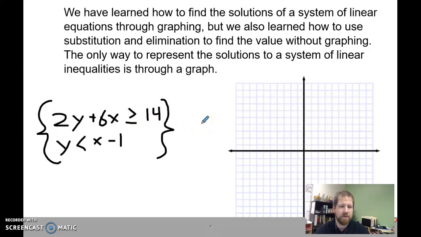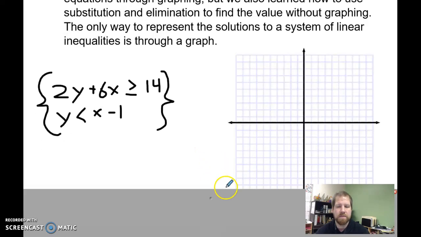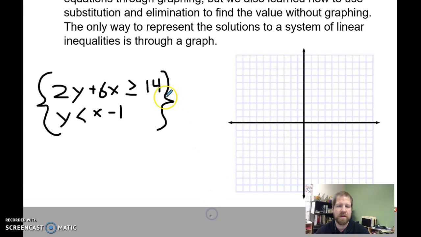That's the only way we can represent the solutions to that system. Otherwise, there are too many to list, and because they're lines, it's too hard to represent them any other way. So we're going to be graphing these and looking for their overlap.